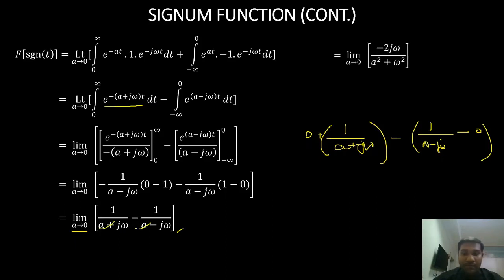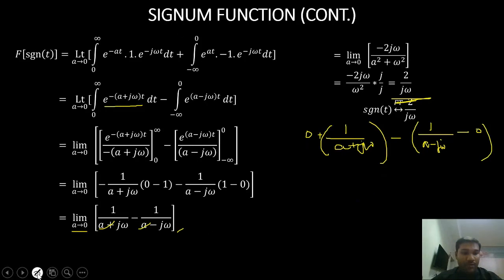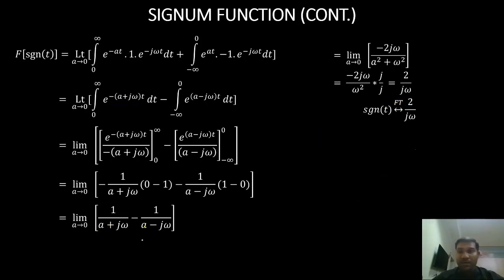So I have 1 by j omega plus 1 by j omega, that is 2 by j omega, right? So my Signum function Fourier transform is 2 by j omega. The Fourier transform of Signum function is 2 by j omega.